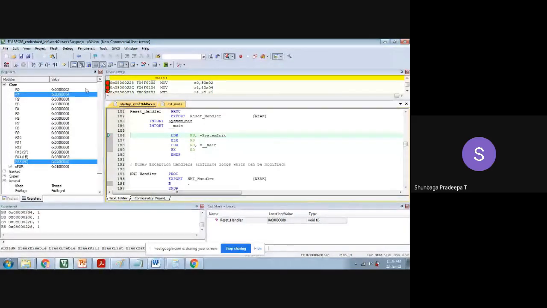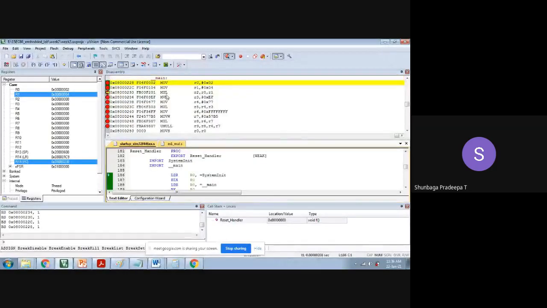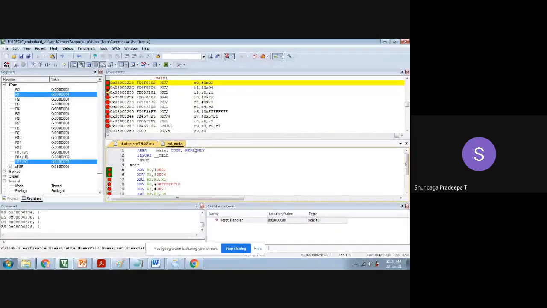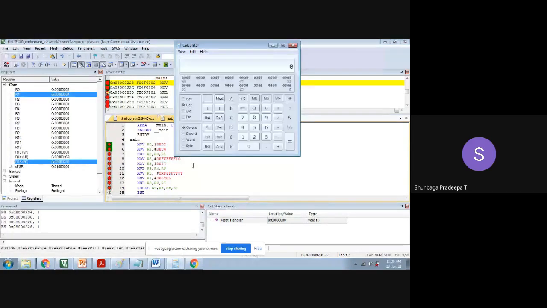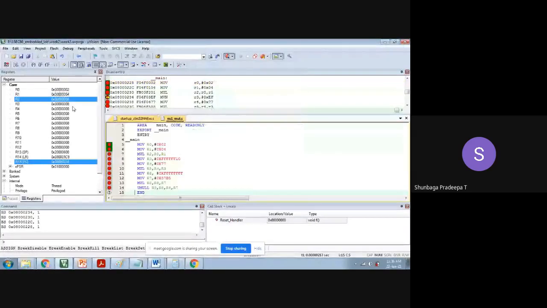The next instruction is MUL R2, R0, R1, which means we are multiplying R0 and R1, and that result is stored in R2. So in hexadecimal, we have 2 into 4. So the result is 8. So we run, and the register value R2 is now loaded with hexadecimal value 8. So this instruction is over.